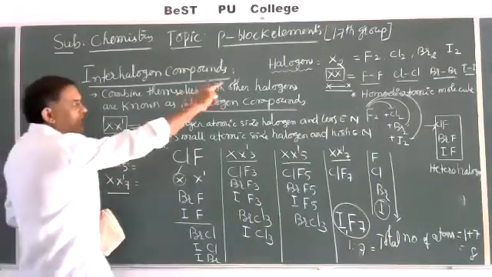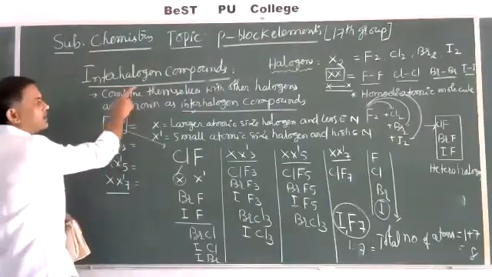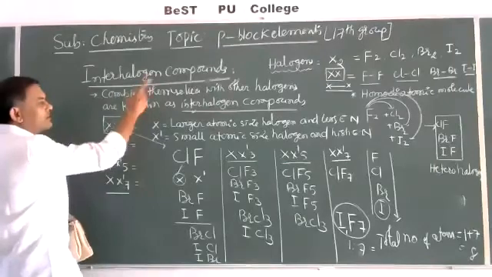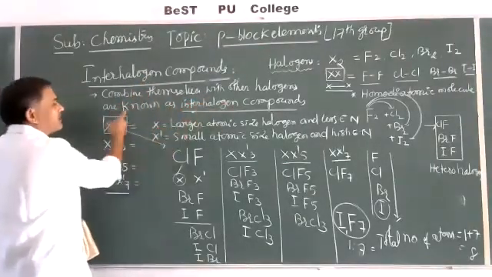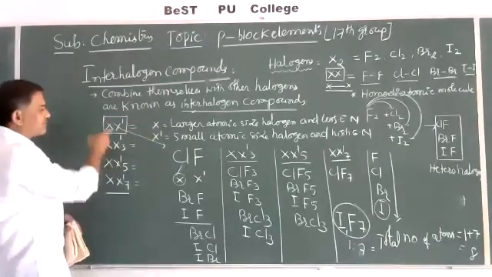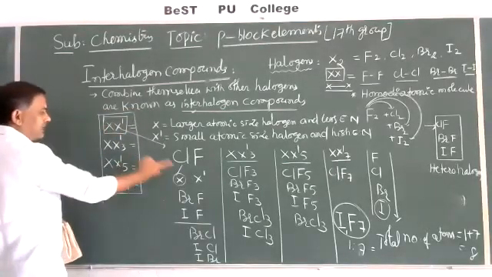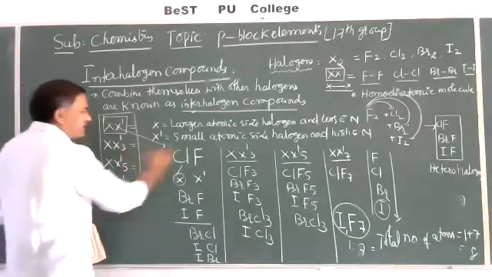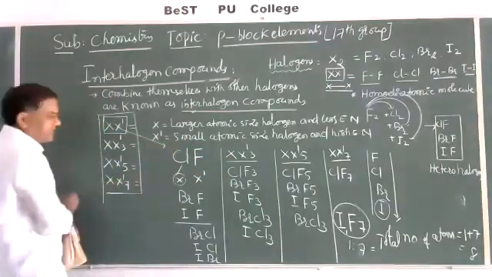Finally, simple halogens we know, these are the interhalogens. Interhalogen compounds are the compounds formed when halogens combine with other halogen atoms. The obtained compounds are known as interhalogen compounds denoted as XX', XX'3, XX'5, XX'7.